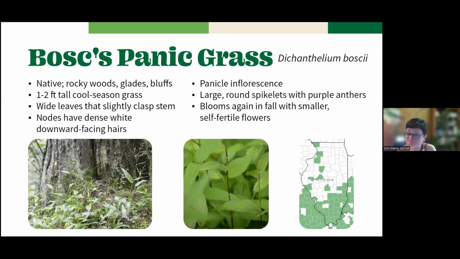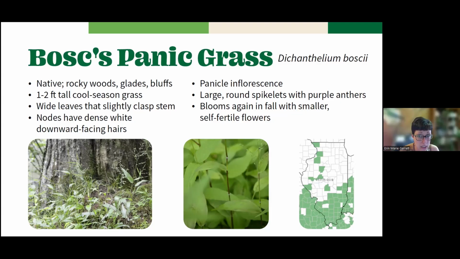Okay. But continuing on, it does have a panicle inflorescence. All of the dicantheliums have panicle inflorescences, and they have these large, well, the size varies, but they have very round spikelets. In this one, they are the largest of the dicantheliums, and they have purple anthers as well. That's another characteristic you can tell.